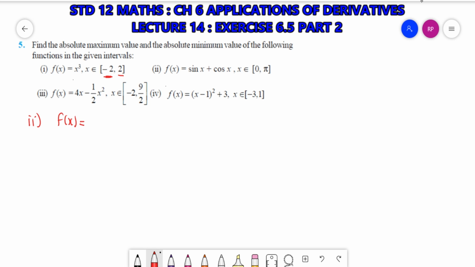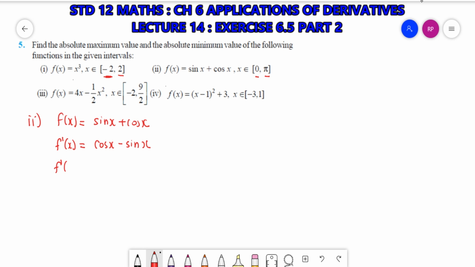f(x) is equal to sin x plus cos x. What is the interval? 0 to pi. So first step, f dash x is equal to derivative of sin x, cos x, derivative of cos x, minus sin x. Now find out the critical point.